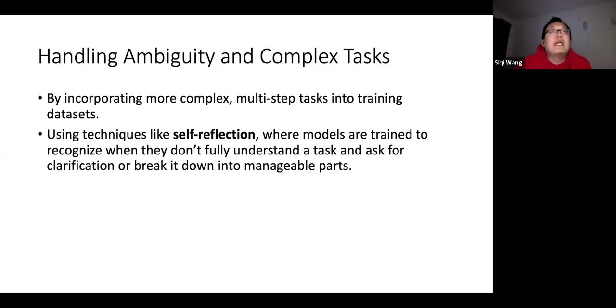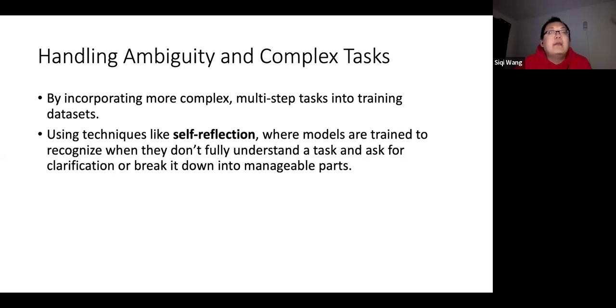Another research area is working on improving how the model handles ambiguous or multi-step tasks. This involves training model to better understand tasks that aren't clearly defined or require multiple decisions.